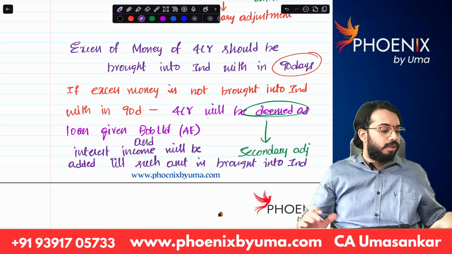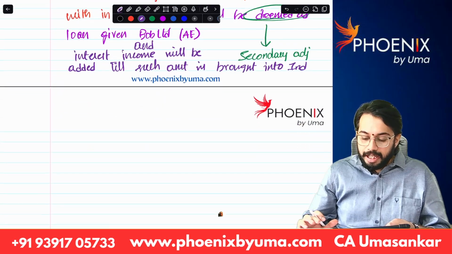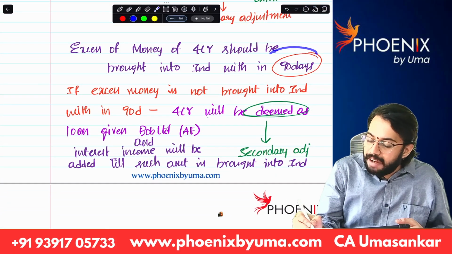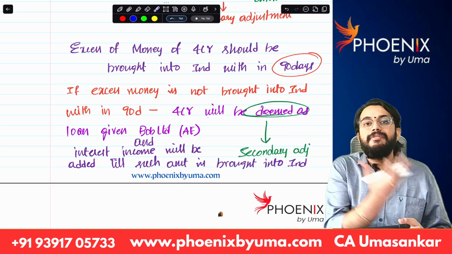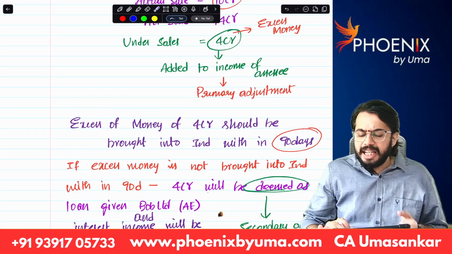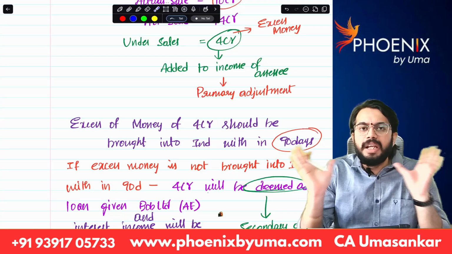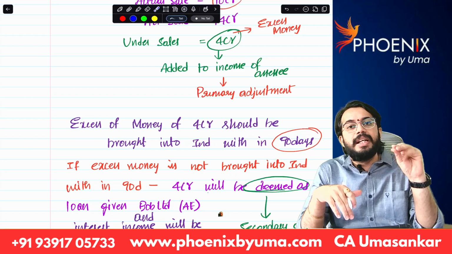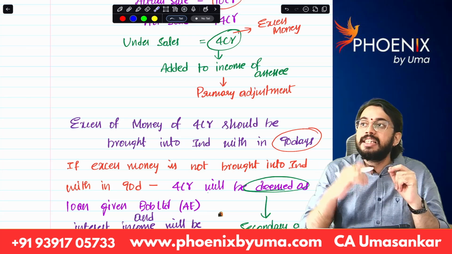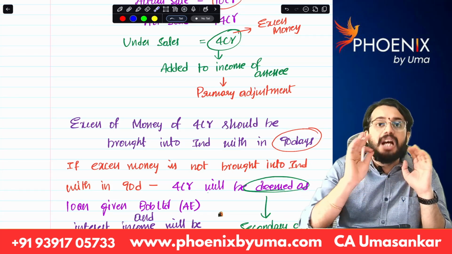Now, next, I told excess money should be brought into India within 90 days. Sir, from which date is 90 days calculated? That we will see. See, secondary adjustment is not applicable in every case. Secondary adjustment is applicable in 5 cases. What do you mean by secondary adjustment? Excess money should be brought into India within 90 days.